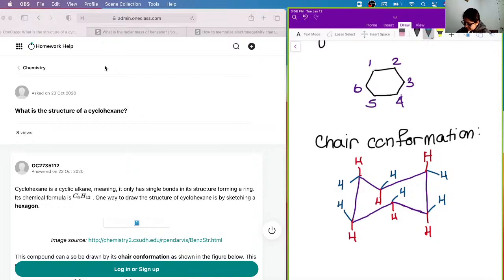If you count up the hydrogens, 2, 4, 6, 8, 10, 12, you have 12 hydrogens, and so this is basically your most stable conformation.